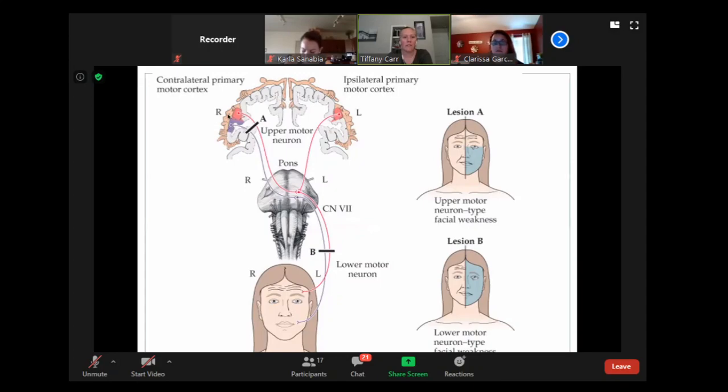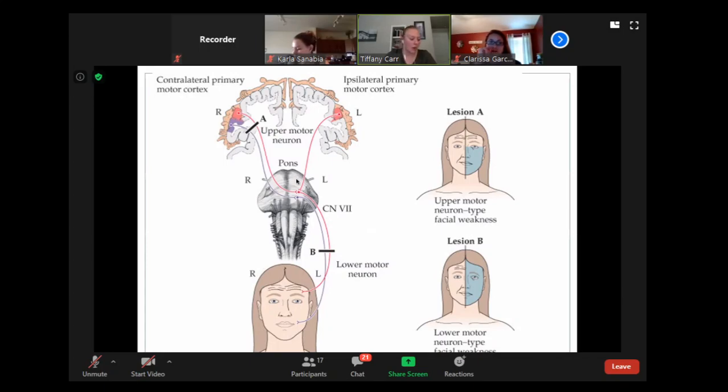So if we have that upper motor neuron lesion, then we'll have sparing of the forehead, so we'll be able to lift our eyebrows, be able to use our eyes. We'll just have the lower portion of our face impacted.